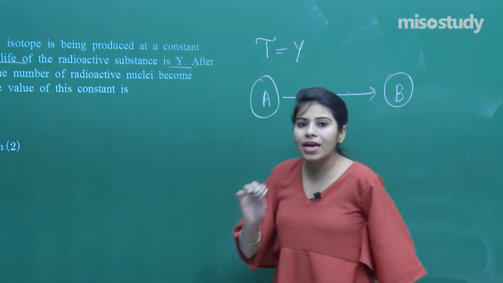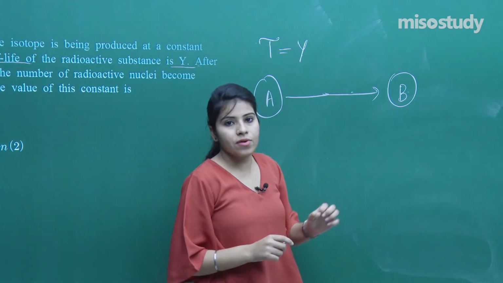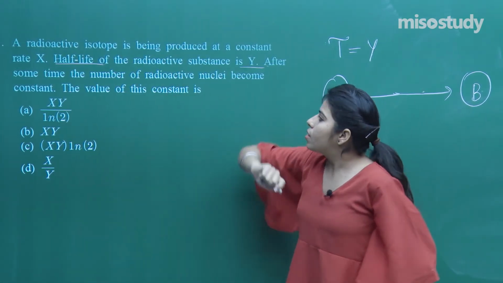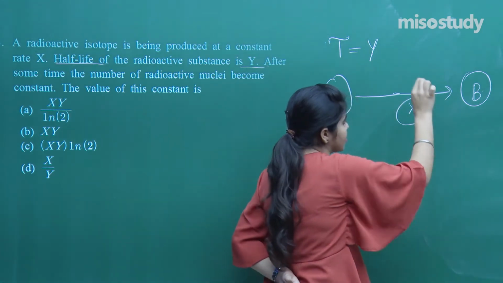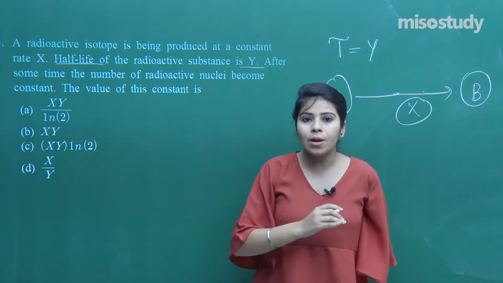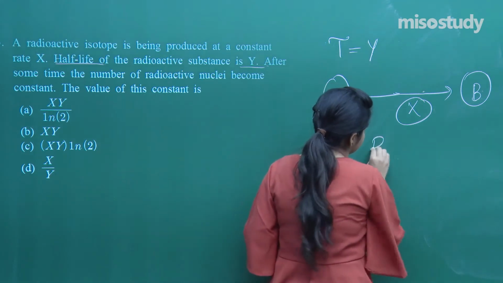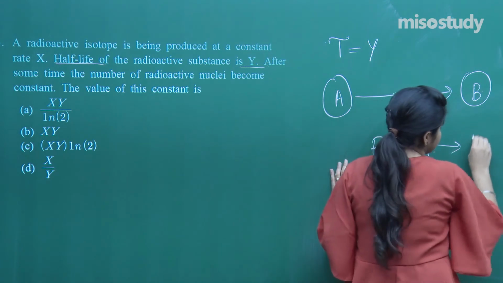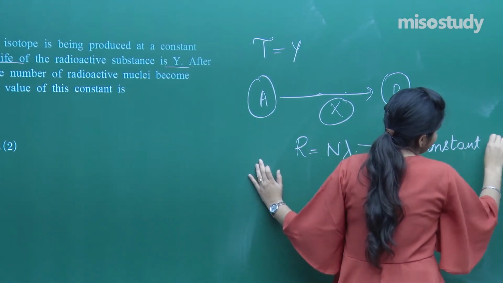When we say that A is being decayed into B, we can say that the rate has been given over here. So the rate over here is x. Now to get a constant number of radioactive nuclei, the activity should be constant.